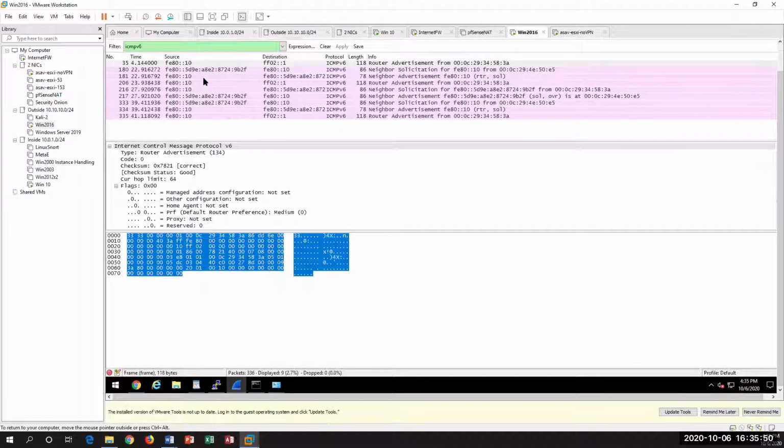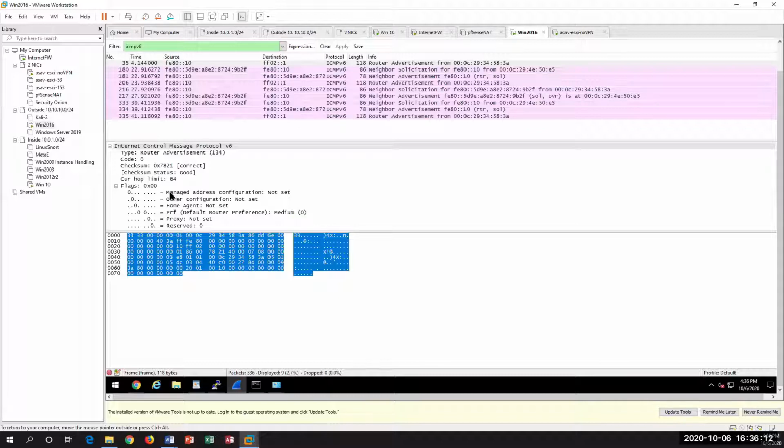Okay, so once we copy and paste the command to the ASAv, it starts to spit out the router advertisement here. And you can see that the router advertisement is going to the all-nodes address, to everyone.